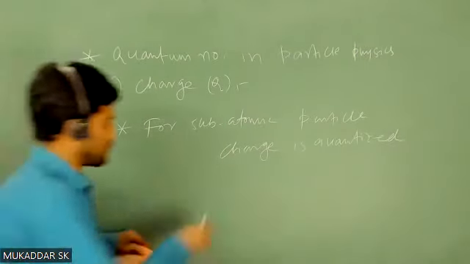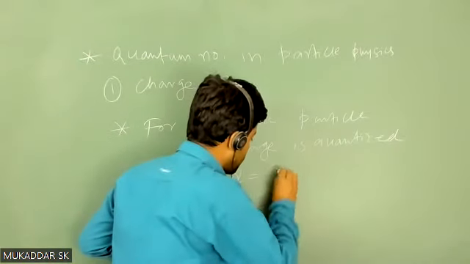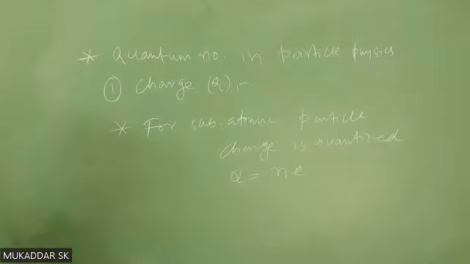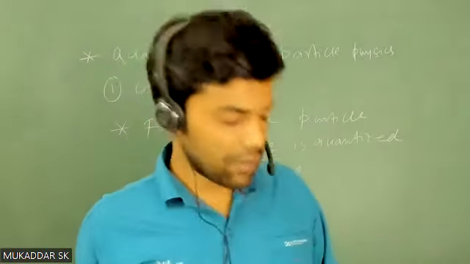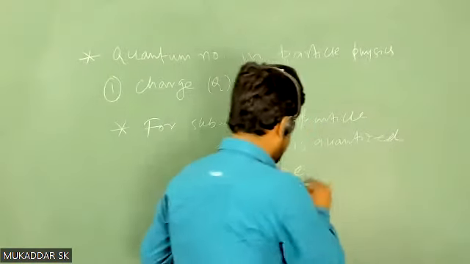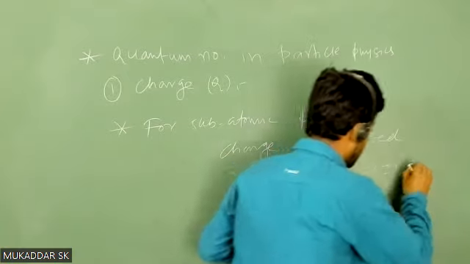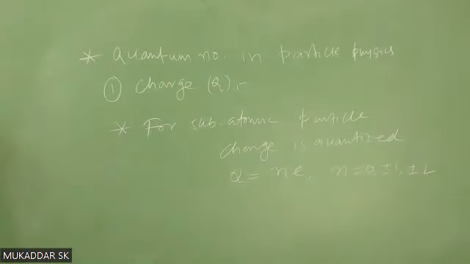It means that the charge of a subatomic particle can only be found as Ne. The charge cannot be some fractional number in the subatomic case. That N can take values like 0, it can take values plus minus 1, it can take values plus minus 2. Okay? For which is it 0?